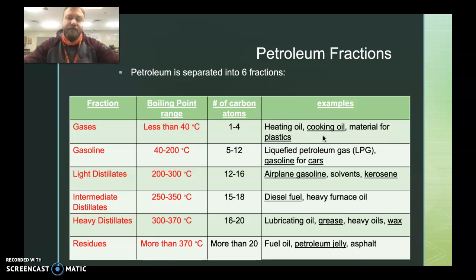So you have your different fractions. As you increase your number of carbons, you have to increase your boiling point in order to get those different fractions out.